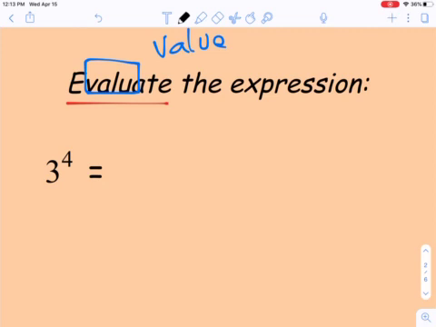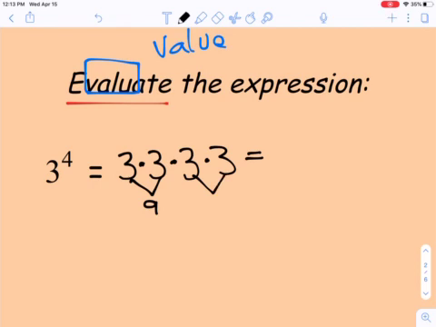If we have 3 to the 4th, think about that. That means we have 3 as a factor that we are multiplying 4 times. The hardest thing about doing these problems is knowing your multiplication facts. If you need to use a calculator, that's fine. 3 times 3 is 9, and 9 times 9 is 81.